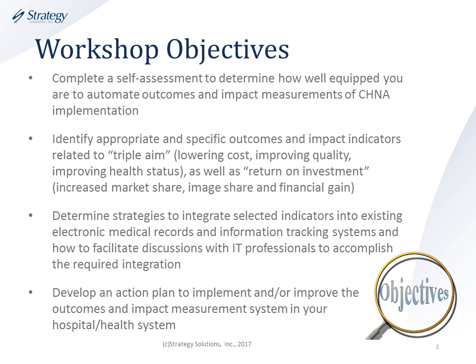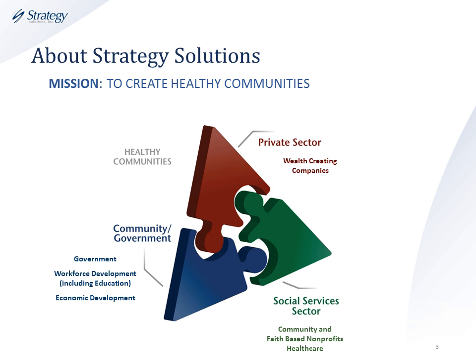We're going to talk a little bit about how to think about those outcome indicators, determine strategies to integrate selected indicators into your existing electronic medical records and information tracking systems, because putting tracking systems on an Excel spreadsheet is not automating them, although I know plenty of nurses and nurse navigators who have tick sheets on their desk to count patients that are involved in a particular process, and then to help you develop an action plan to improve the outcomes and impact measurement in your organization.